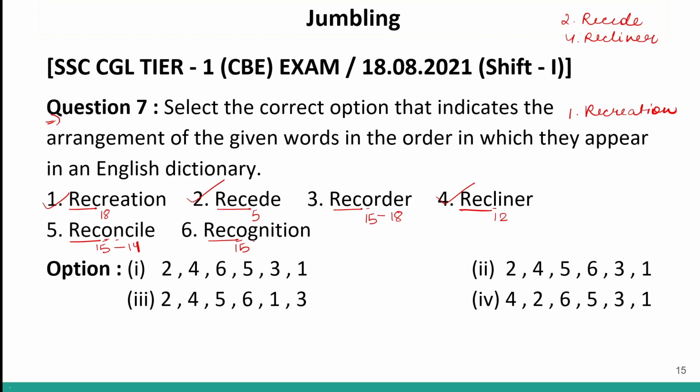And over here after O we have G, and G is 7. So the correct order will be, after this we'll get recognition. After this we'll get reconcile, and after this we'll get recorder. So the correct logical sequence will be 2, 4, 6, 5, 3, 1, and this is given in option number 1. So option number 1 will be your correct answer.